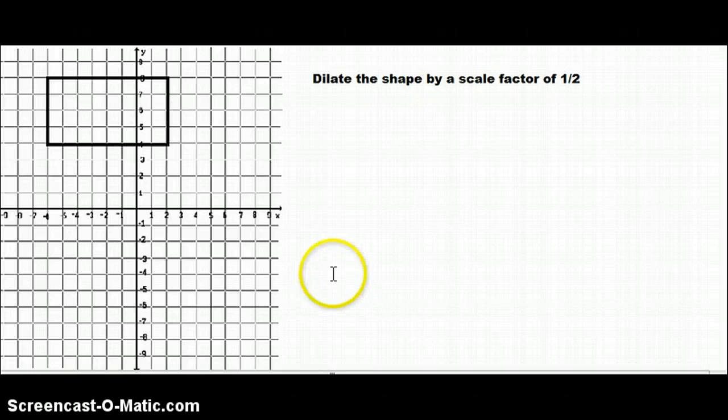Let's look at another example. This one says to dilate the shape by a scale factor of 1/2. The first thing we have to do, once again, is to find all the coordinates of the points. A is at -6, 4.